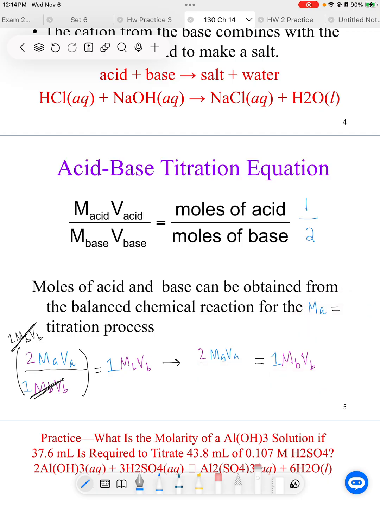So what we need to do next is somehow isolate this MA so that it's on this side of the equal sign. Well, the way that we undo multiplication is through division. And I can pluck this out and I can pluck this out by dividing it. I don't want my VA on this side, and I don't want my 2 on this side anymore. This 2 needs to come with me. So I'm going to divide out this 2VA, okay?